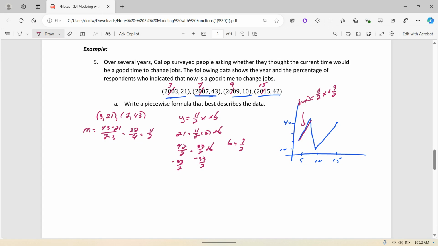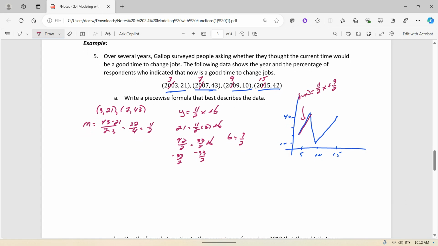Okay. You take a minute and see if you can find the other two equations.